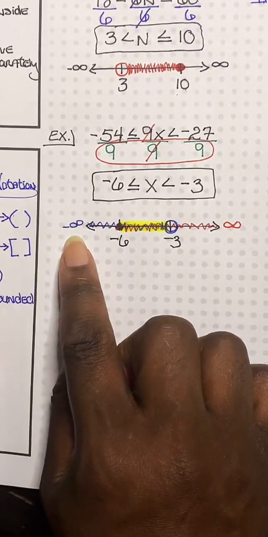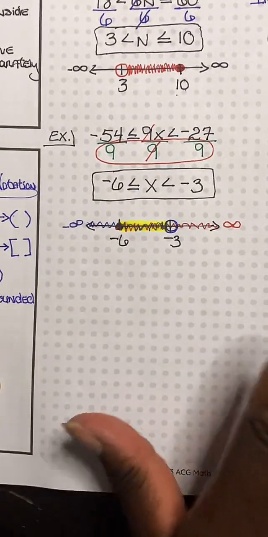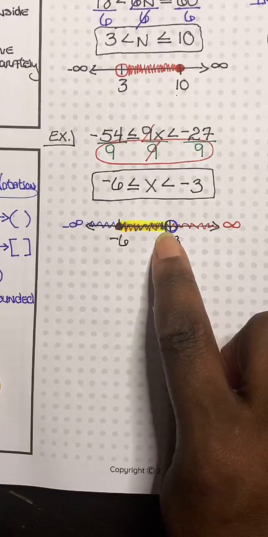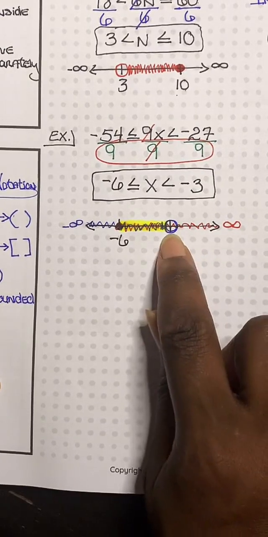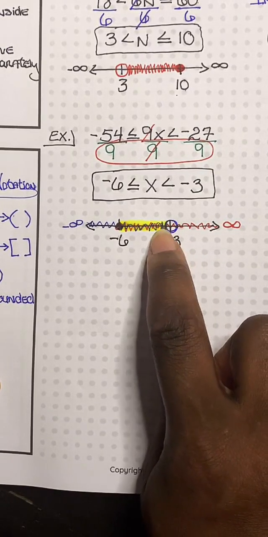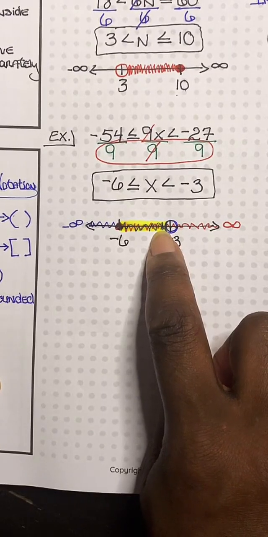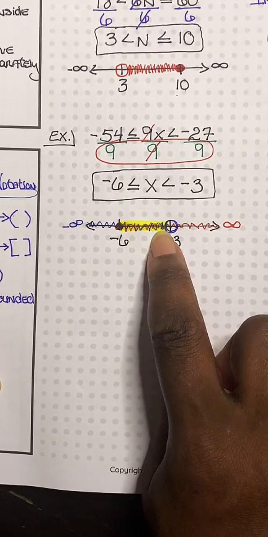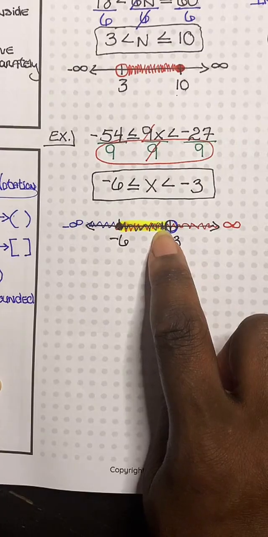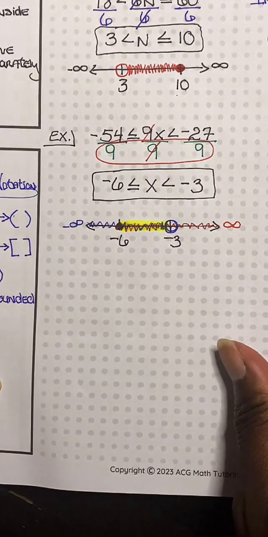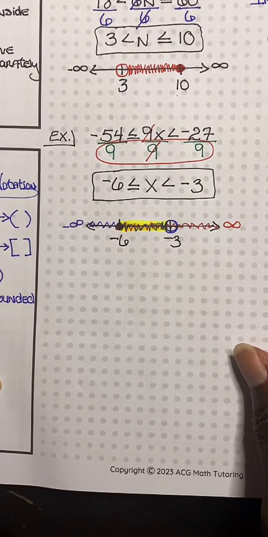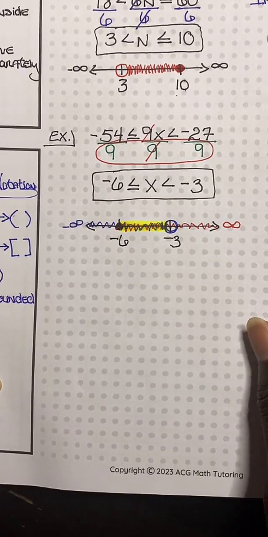But all I can tell you, for me personally, I'm lazy. I am not going to sit here and be like, all right, I'm going to start at -3, but it doesn't include -3. So I got -2. No. There's numbers in between -3 and -2. So we're talking about -2.99999, -2.9999999, -2.